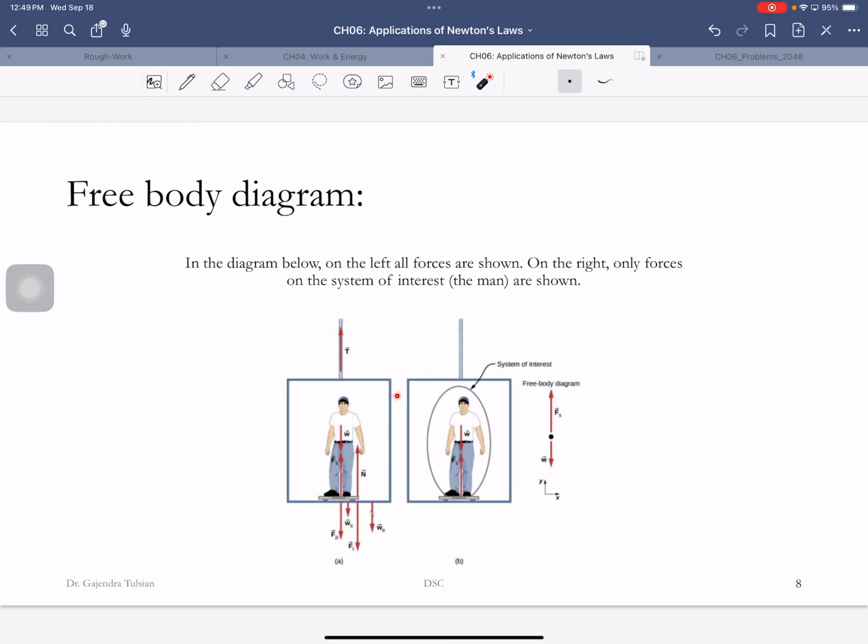Let's look at this guy, the elevator. This is the weight of the elevator. Okay. What is happening is gravity is pulling him down, and so he pushes down on the elevator, and that's the force the person exerts on the elevator. Okay.